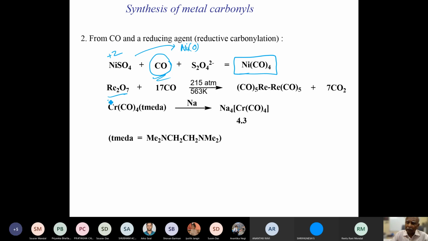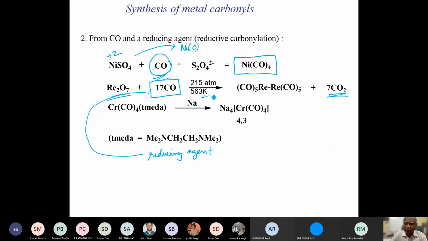Similarly, here carbon monoxide itself is used as the reducing agent. This is the reducing agent, because carbon monoxide can be converted into CO2 by oxygen. So carbon monoxide itself is acting as a reducing agent.